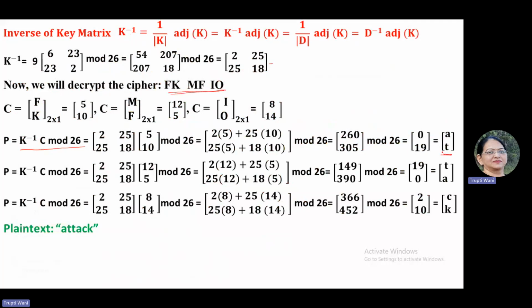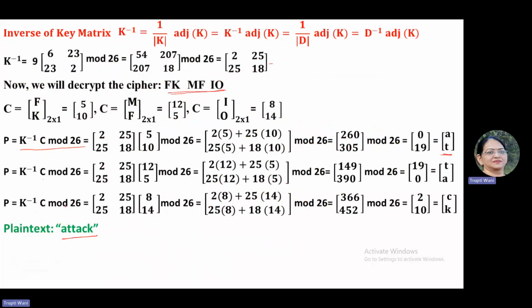So this is the decryption process. Follow the same procedure, K inverse into C mod 26, for MF and IO. You will get the plain text for that, which is ATTACK.